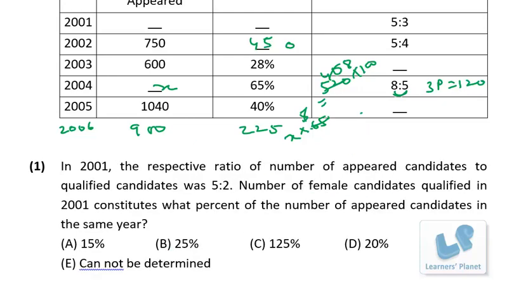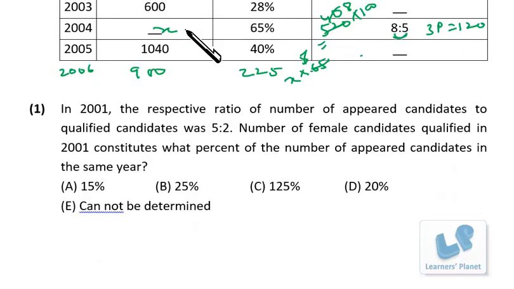In 2001, the respective ratio of number of appeared candidates to qualified candidates is 5:2. So basically it is 40%, that is 2 by 5. A number of female candidates qualified in 2001 constitutes what percent of number of appeared candidates in the same year? So I assume that the appeared candidate is X, right?